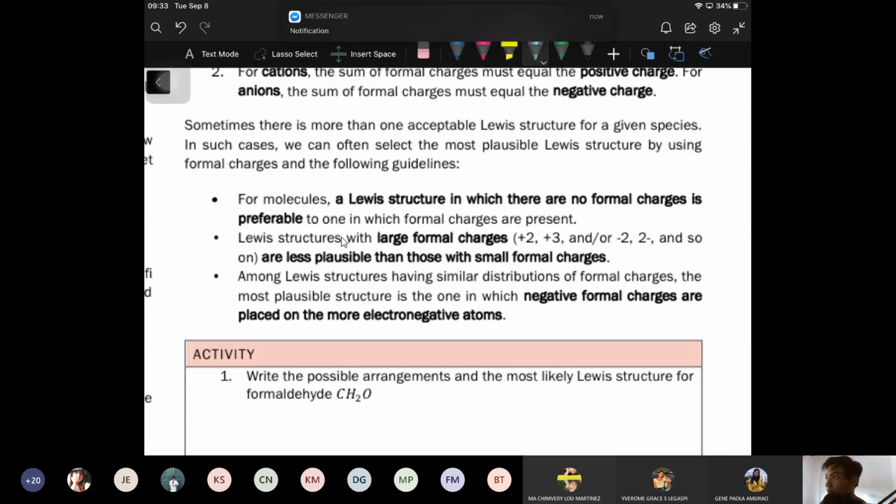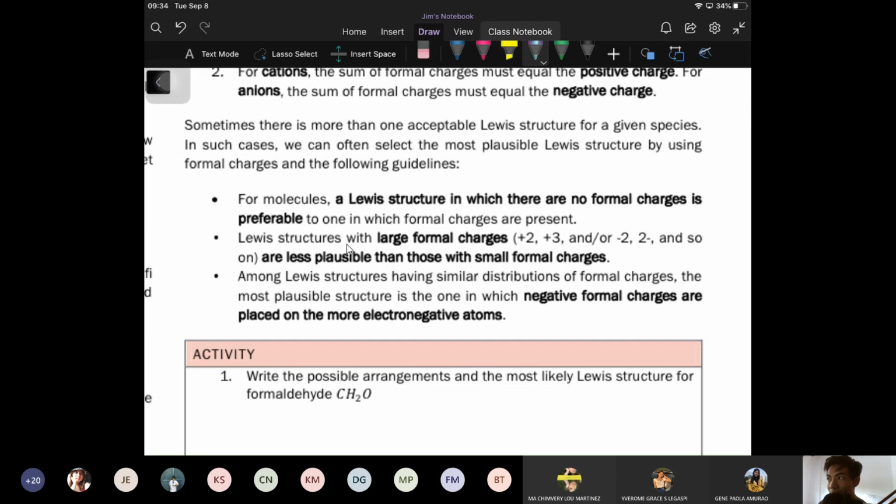What if it is not possible to have no charge at all? Then go for the one with few charges. You select the Lewis structure with the least number of formal charges. If 10 atoms have a formal charge, you should doubt it. As much as possible, only a few atoms have a formal charge. That is rule number 1.